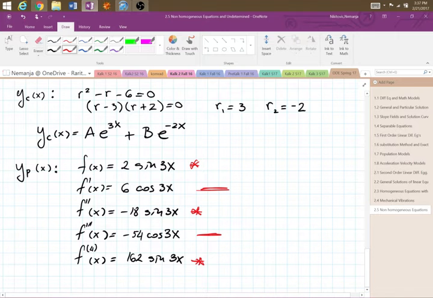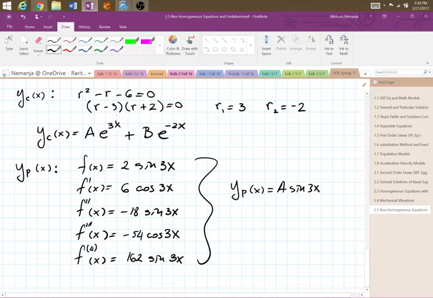The coefficient in front keeps changing, but cosine 3x remains the same from line to line. So addition of all of these will give us that initial yp that we want to use, which is a sine 3x plus b cosine 3x.